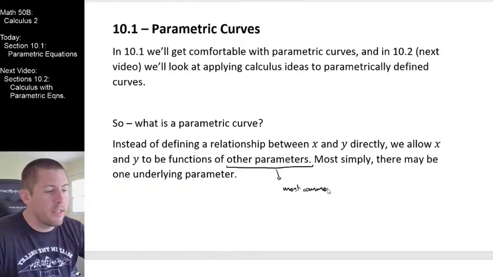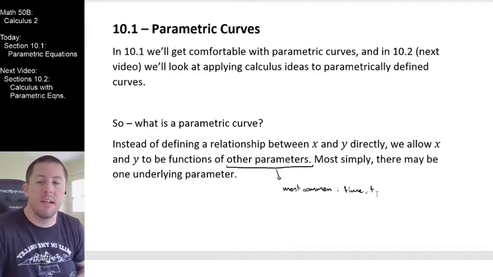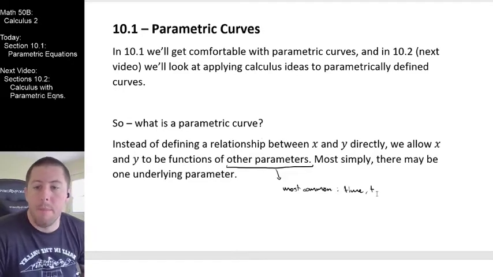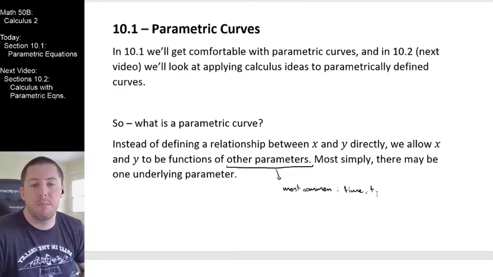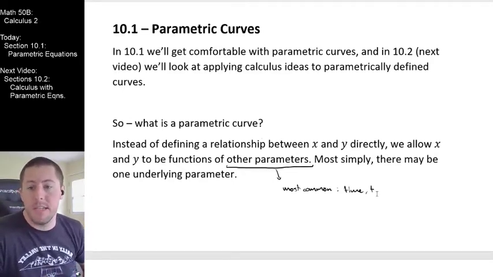But this is one of those places where we're definitely helped, even if we're all not physicists here. All of you, I think, will benefit from thinking of this parameter controlling x and y as time. There's a bit of a physics holdover here, and it's certainly the case that we can use parameters other than time to help us define our x and y values.